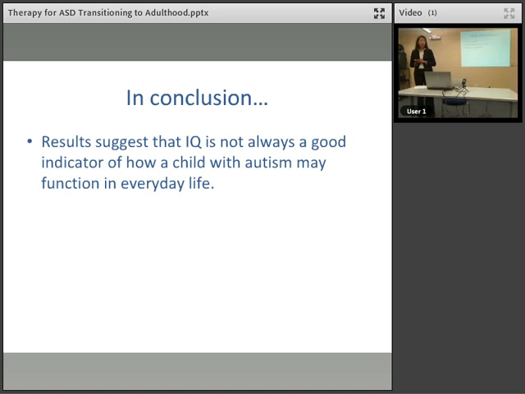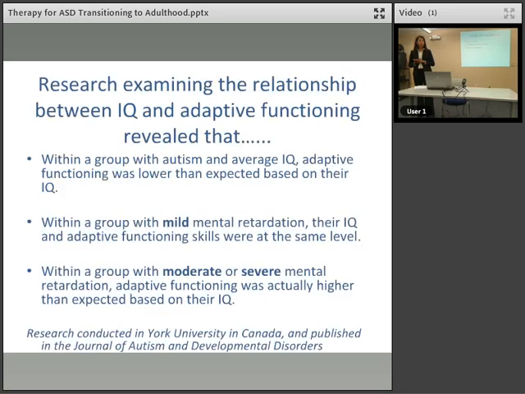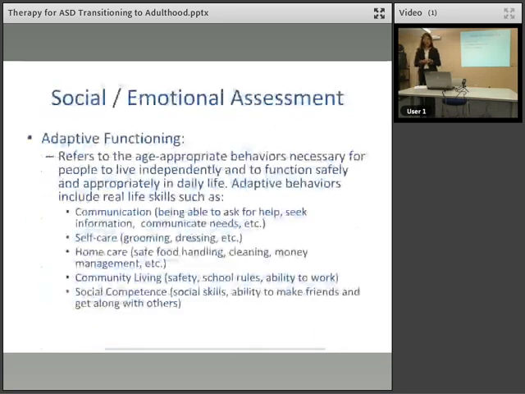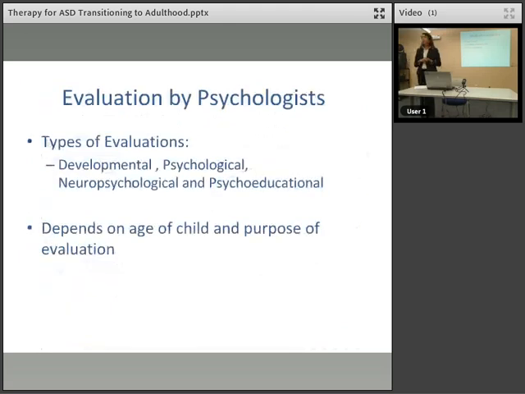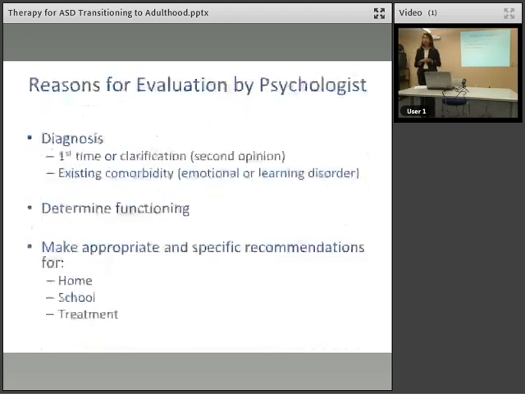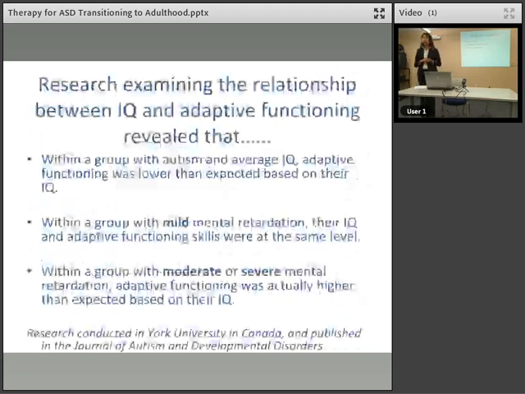Just to go back a second, when we look at an evaluation and we have results, the diagnosis is important to be determined. We're also looking for areas of strengths and weaknesses, which will help us to understand how best to direct services for this individual.